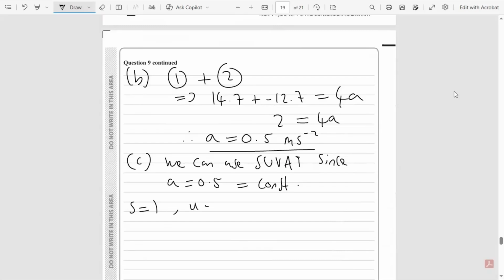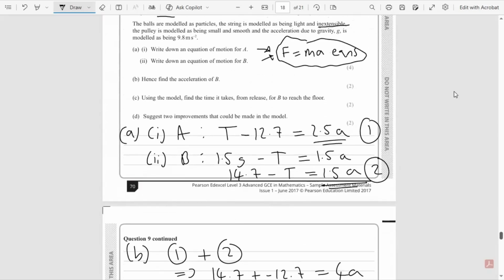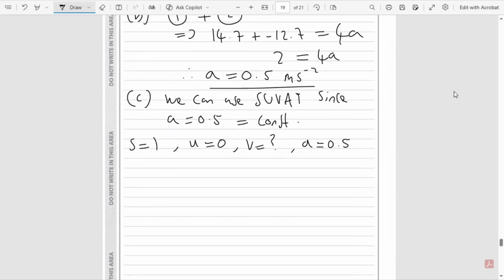The initial speed is 0 because the system is released from rest. The final speed we don't know for now. Acceleration is 0.5. And the question was about finding the time, so the time is what we're looking for. So we don't care about V.